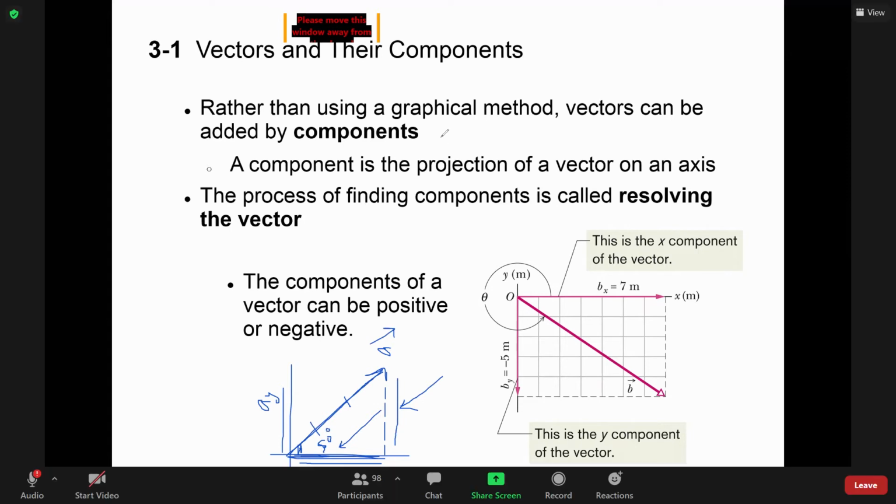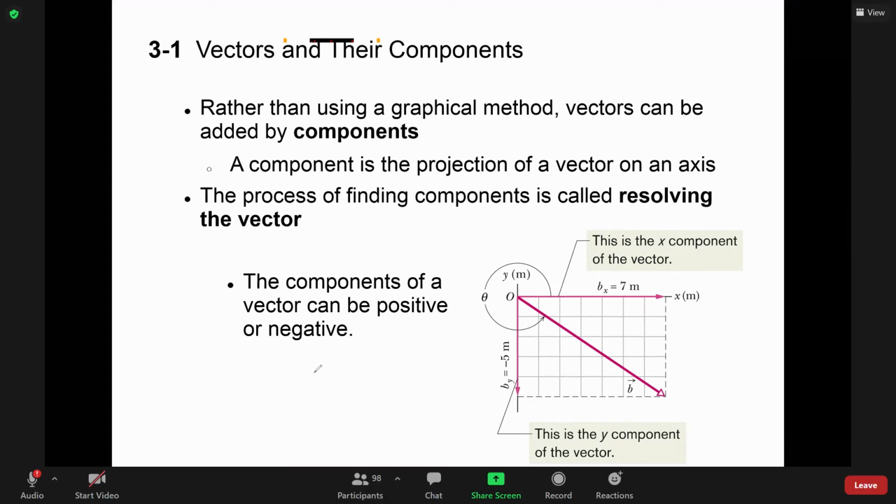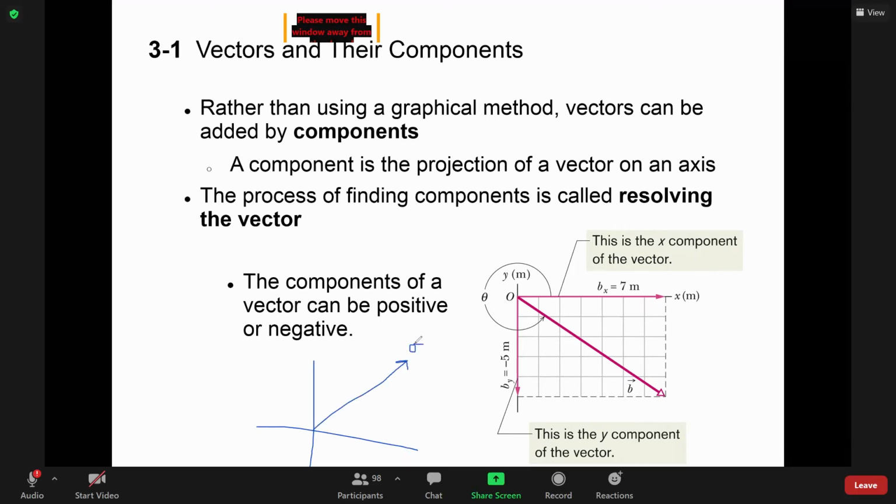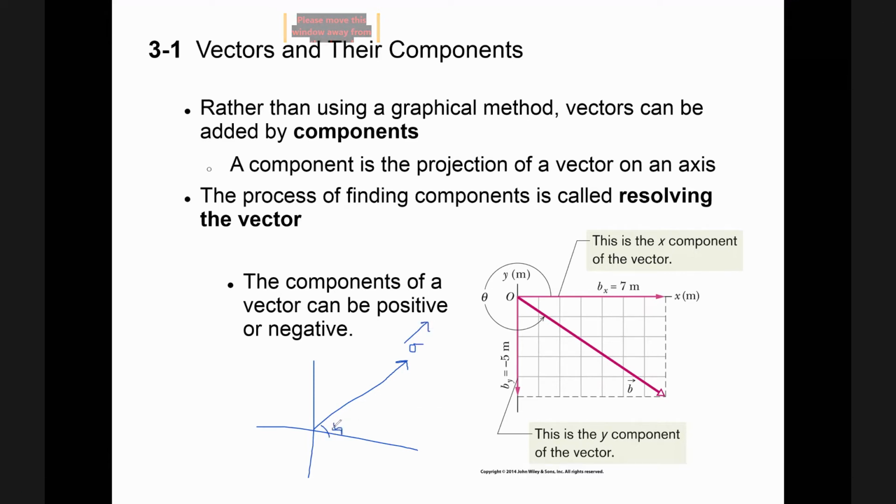Okay, let's do some modification to make sure that you guys understand it. Say that you have vector A here, the same one. And what is the angle here? 50. What are the components? This is AX and this is AY. But say I want you to write another way to write the components.